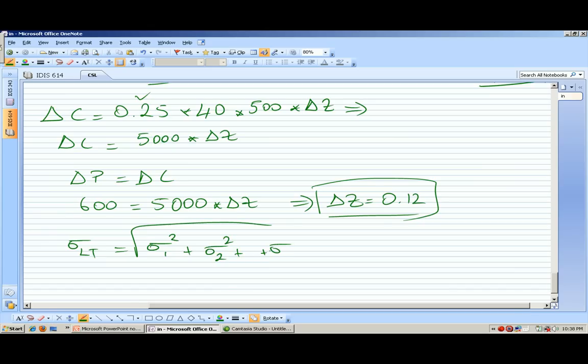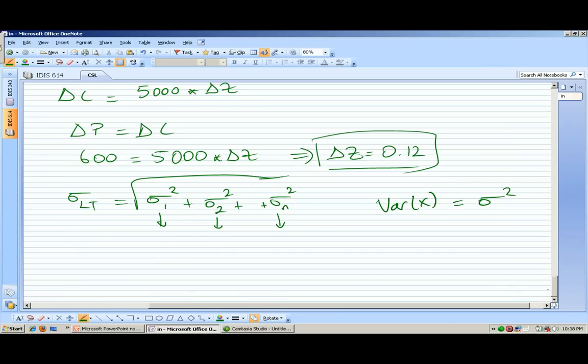So you add all of them, let's say for n weeks: week 1 standard deviation, week 2 standard deviation, week n standard deviation. But I couldn't calculate directly; I had to square them, which is the variance. The variance is equal to the standard deviation squared.